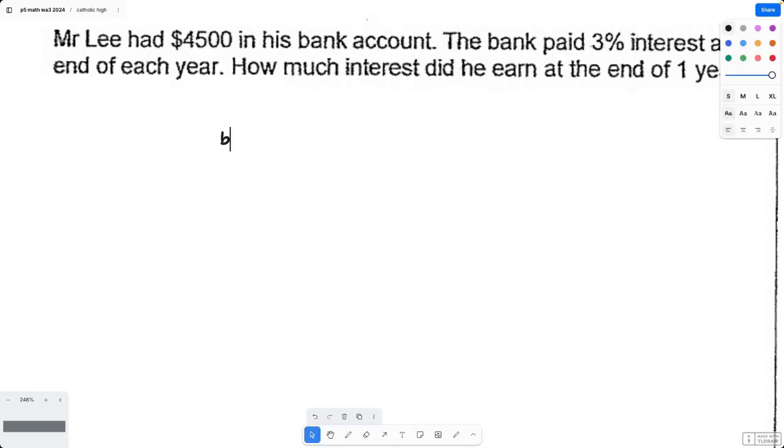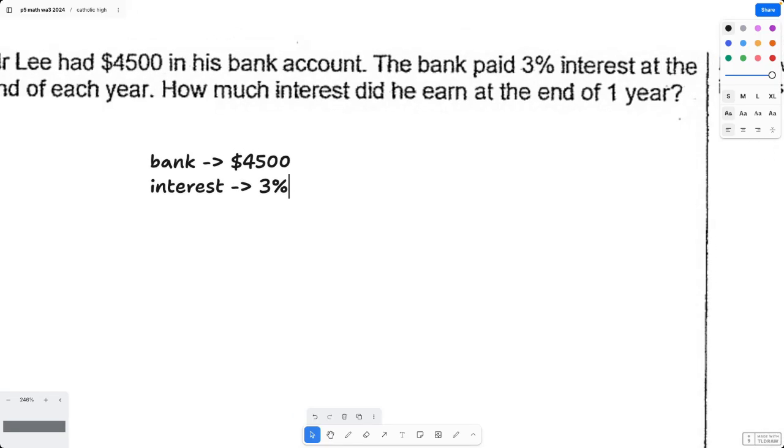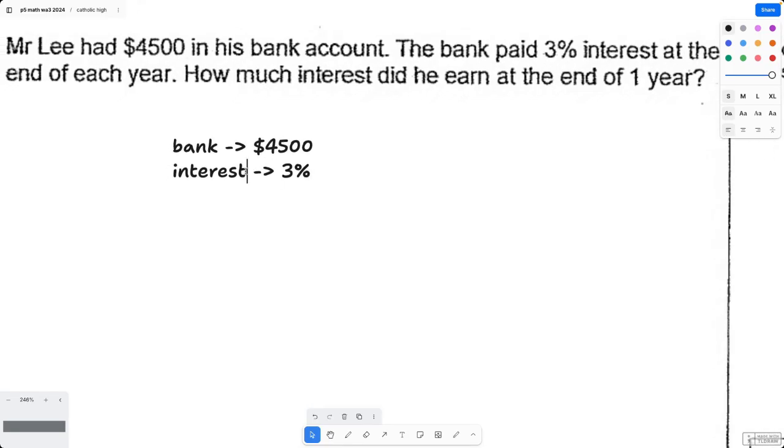So in the bank, there is 4,500. Okay, and the interest is 3%. Okay, so we want to know what's the interest from this 4,500. Mr. Lee has 4,500. Interest rate is 3%.